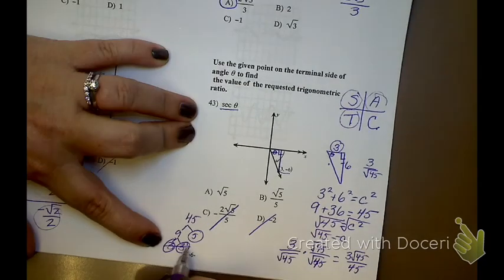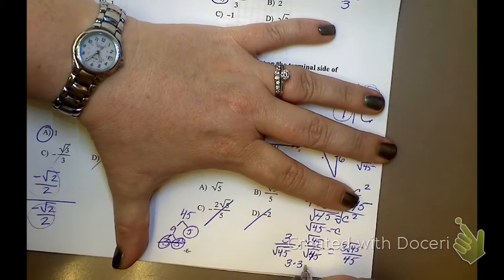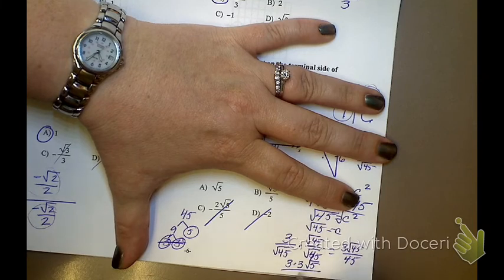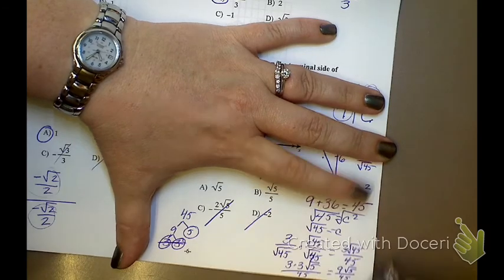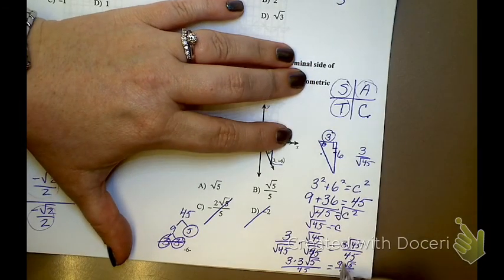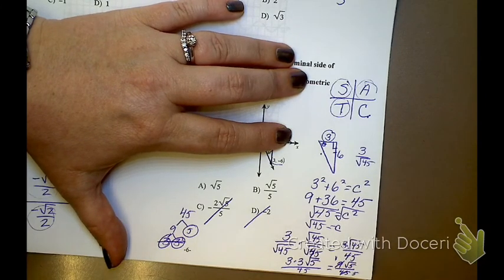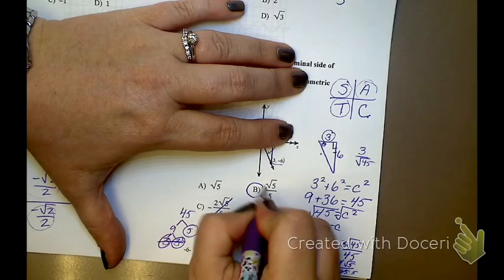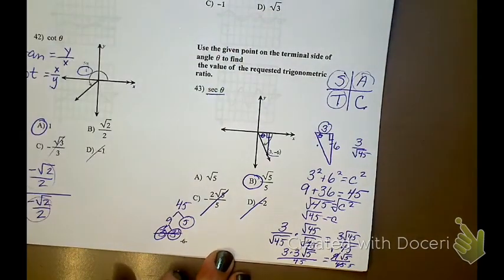Now, if I take a 3 out and there's already a 3, I have 3 times 3 outside and a 5 left inside. And on the bottom, I have 45. So that's 9 radical 5 over 45. And the 9 and the 45 will reduce to 1 and 5, I believe. So I end up with option B as my answer, I think.